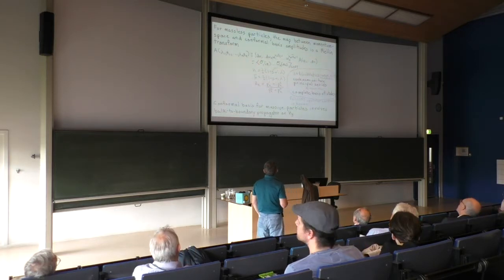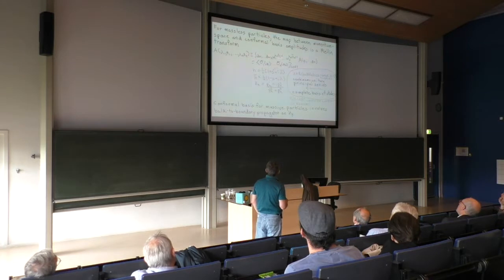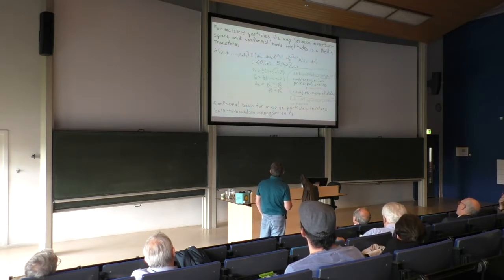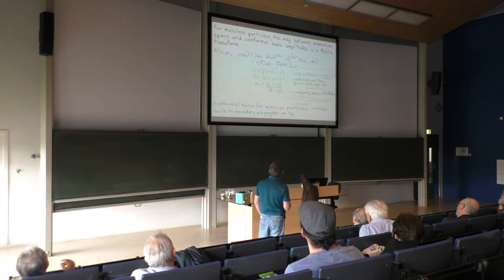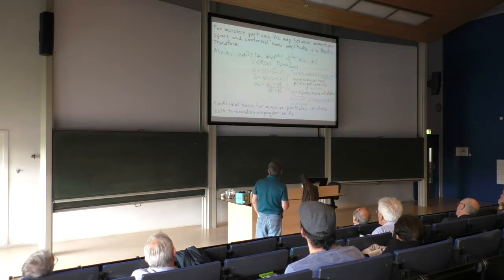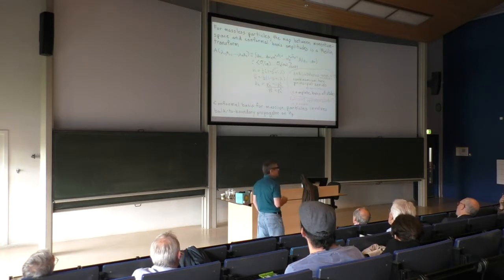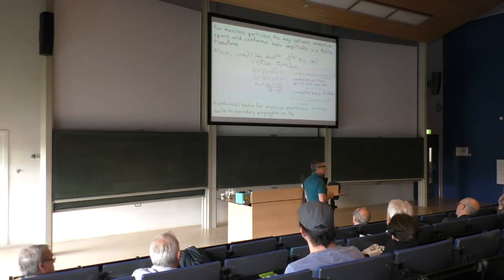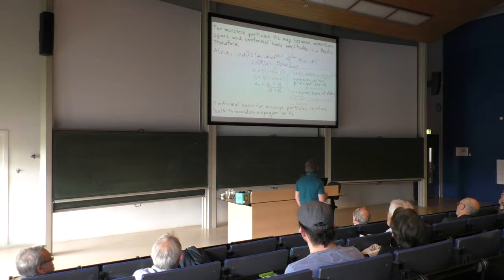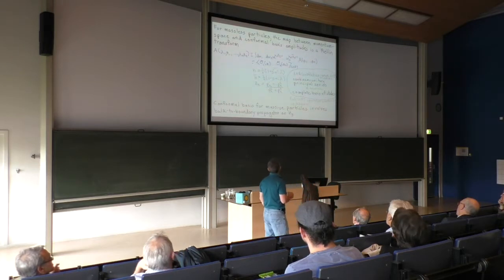So it turns out that if you take a Mellin transform, that is, these H's are arbitrary, you can get amplitudes, the Mellin transform amplitudes, and these have the property that they transform in a simple way under the conformal group. They transform like highest weight states with conformal weights.